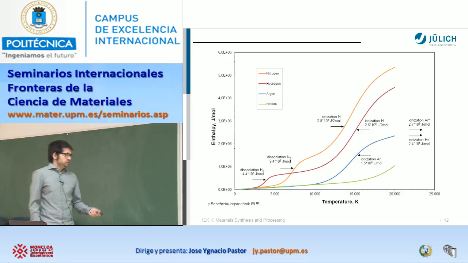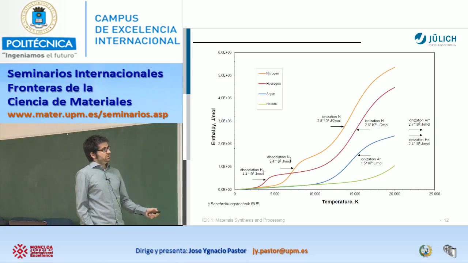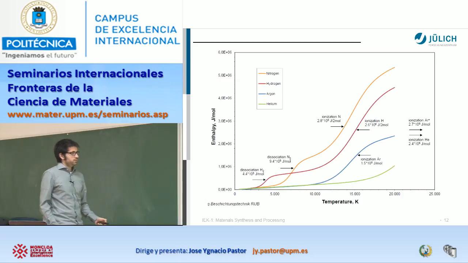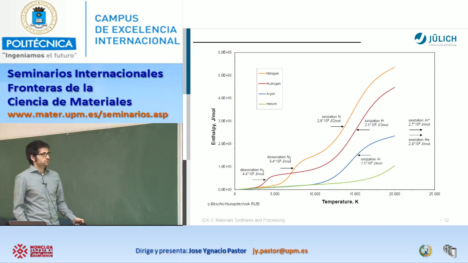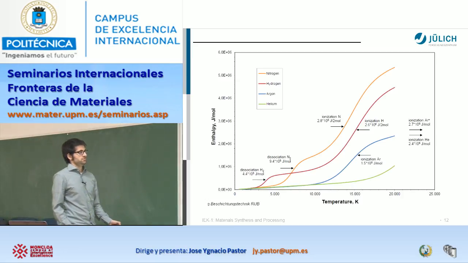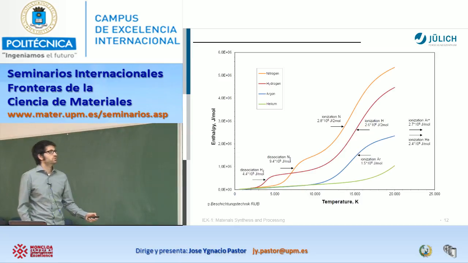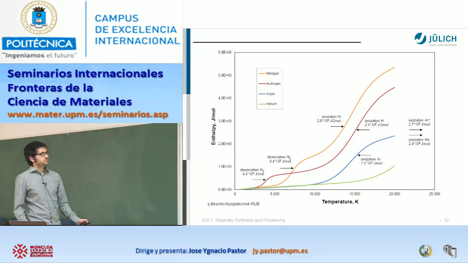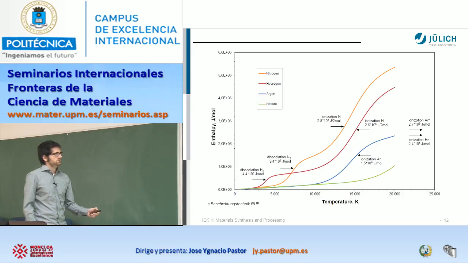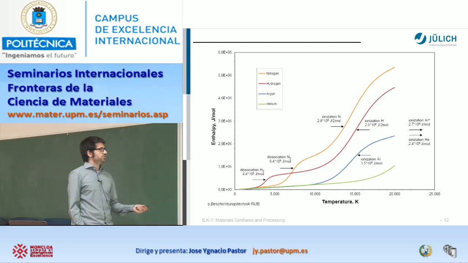Here is more about the energy, or well, the enthalpy, as a function of temperature. As you see, the temperature is really high. Of course, it's the ionization of the gases, in which parts it happens, and this is quite important. Well, typically these are the gases that are used: nitrogen, hydrogen, of course argon, and helium.